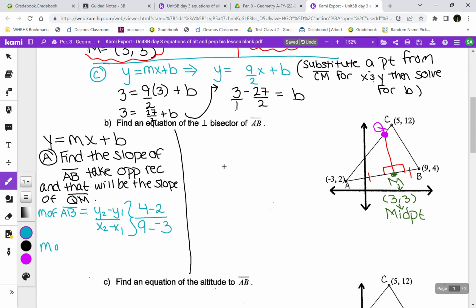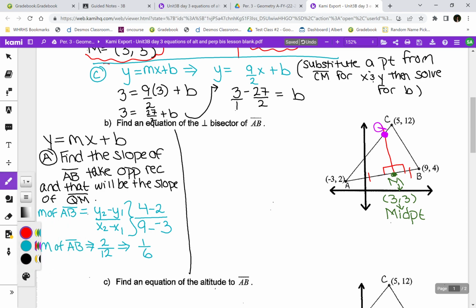So the slope of AB will be 2 over 9 minus a negative. Isn't that double negative a positive? So 12. And what does 2 over 12 simplify down to? 1/6. So the slope of AB is 1/6.